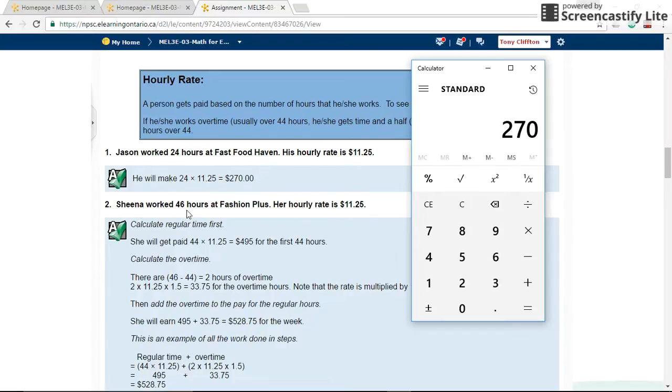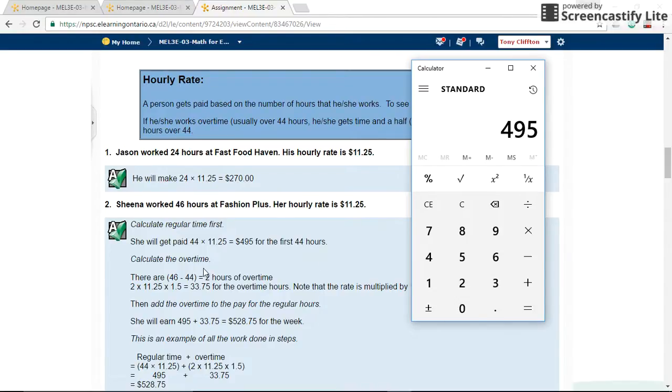Sheena, on the other hand, works 46 hours. Her hourly rate is $11.25. So she'll get paid the regular rate of 44 times 11.25 equals $495 for the first 44 hours.